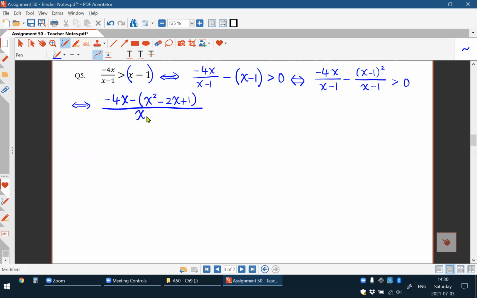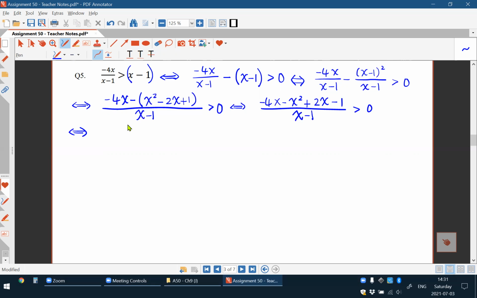Over x minus 1 greater than 0. And this is equivalent to minus 4x minus x squared plus 2x minus 1, right? Over x minus 1 above 0.